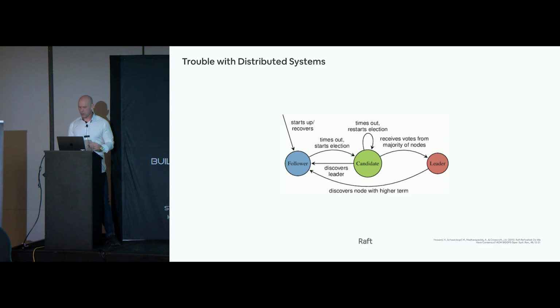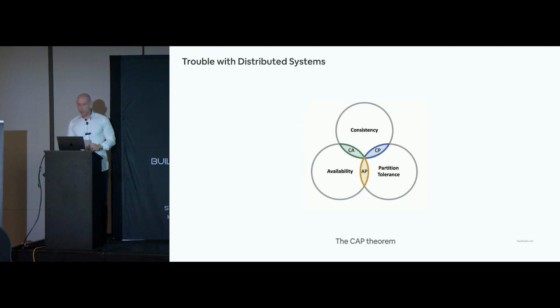It doesn't matter what solution you choose, though. You're going to run into some fundamental limitations here. And these limitations have been described as the CAP theorem. These are not the only limitations you run into, but the CAP theorem is probably the most famous, which basically says that when you're building a distributed system, you don't get to choose all possible properties that you would definitely want out of a consensus algorithm.